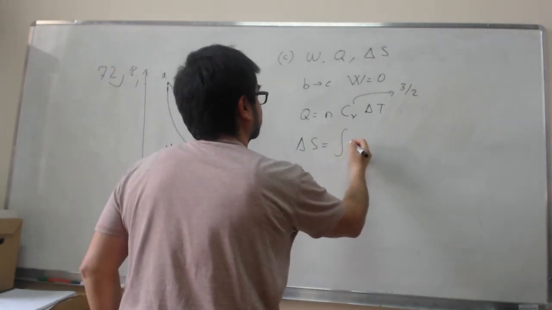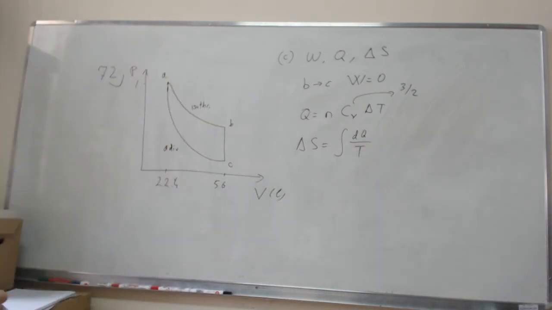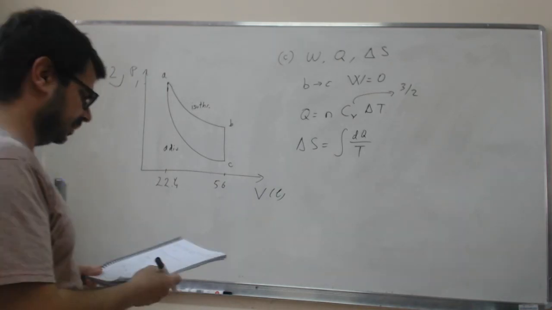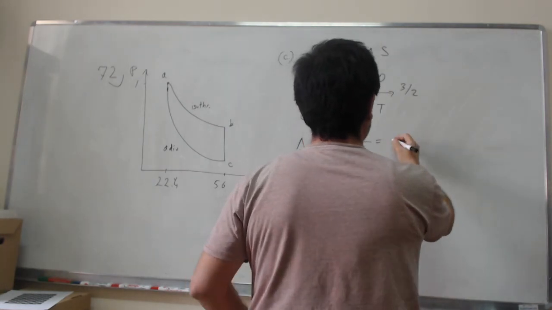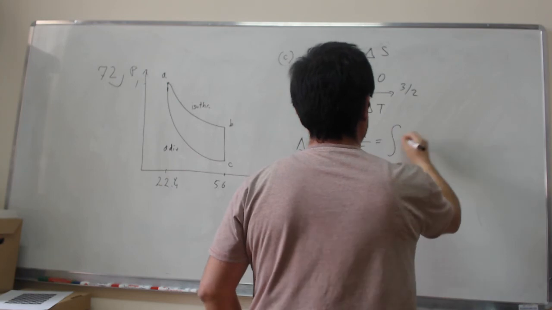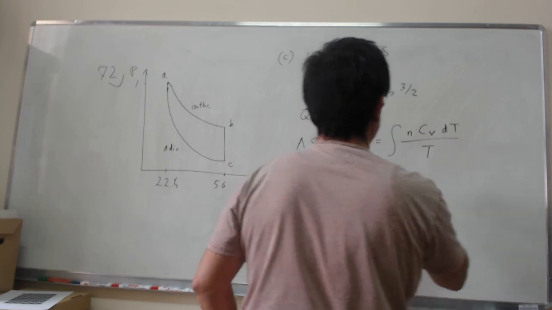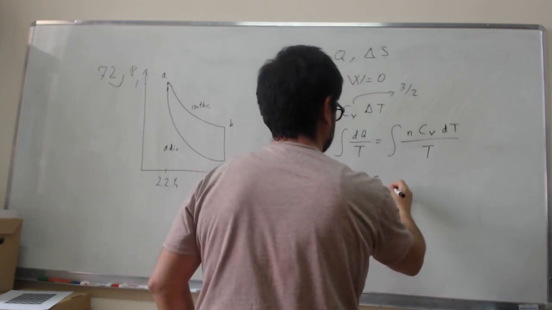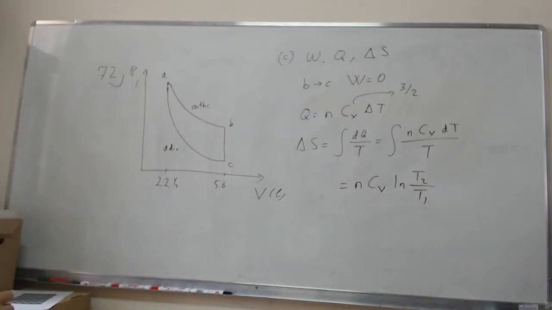And for delta S, which is just dQ by T, again I can write this in terms of this integral, writing dQ as n CV dT, so n CV dT by T. This is just again a logarithmic integral, and this is n CV ln(T2/T1), so ln(TC/TB).